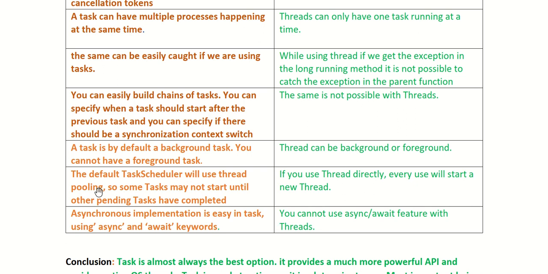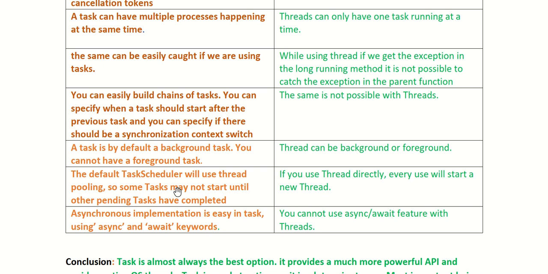Tasks make use of the default task scheduler. Until there are threads available to your task scheduler, the task scheduler in turn checks your system or CLR thread pool. If there are no threads, then it will not immediately start executing a new task.